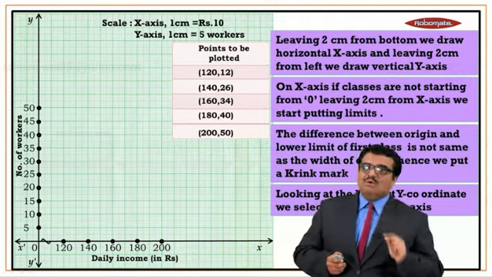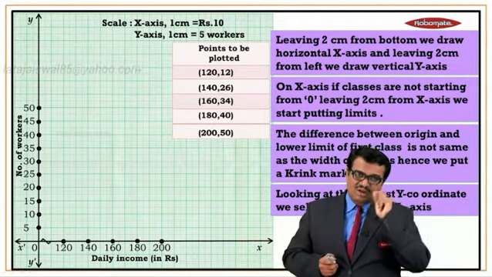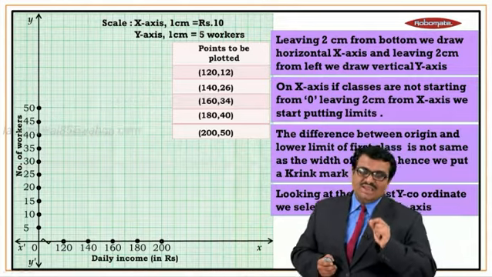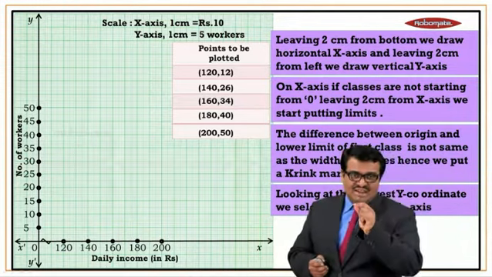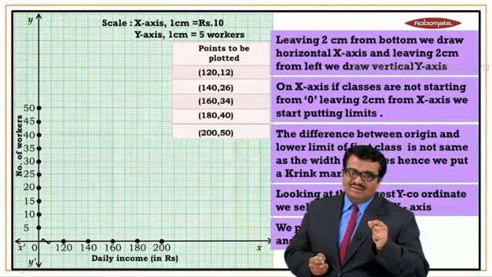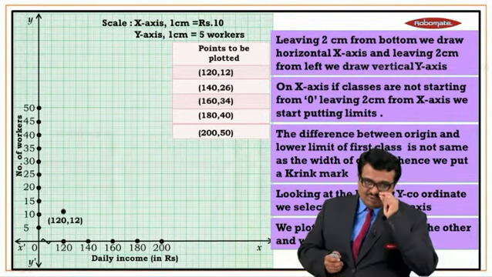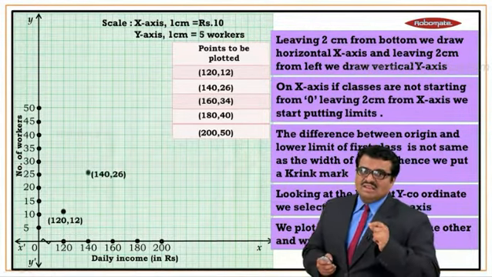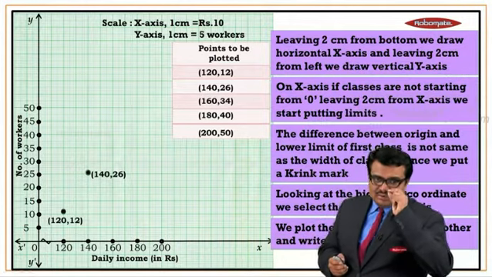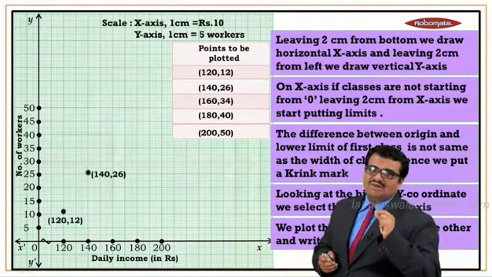Now let us start plotting the points. The first point is 120, 12. 120 is the x coordinate and 12 is the y coordinate. We plot these points one after the other and write their coordinates. So 120, 12 comes there. 12 will be just above 10. The next is 140, 26. 26 will be just above 25.